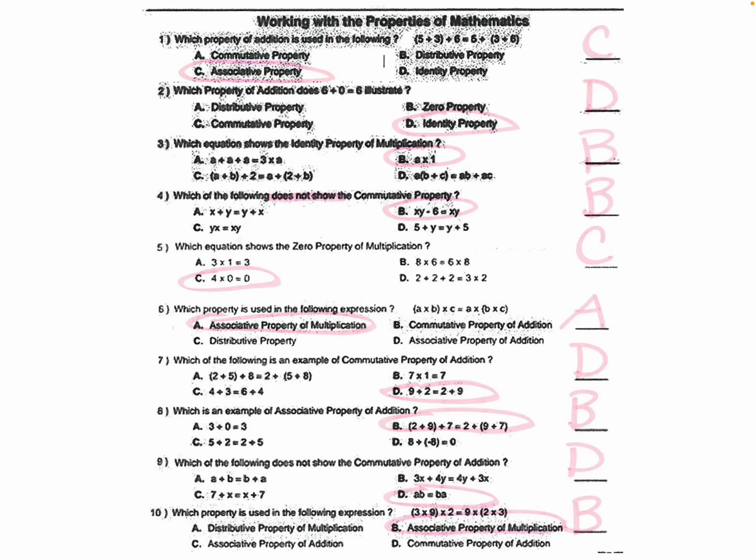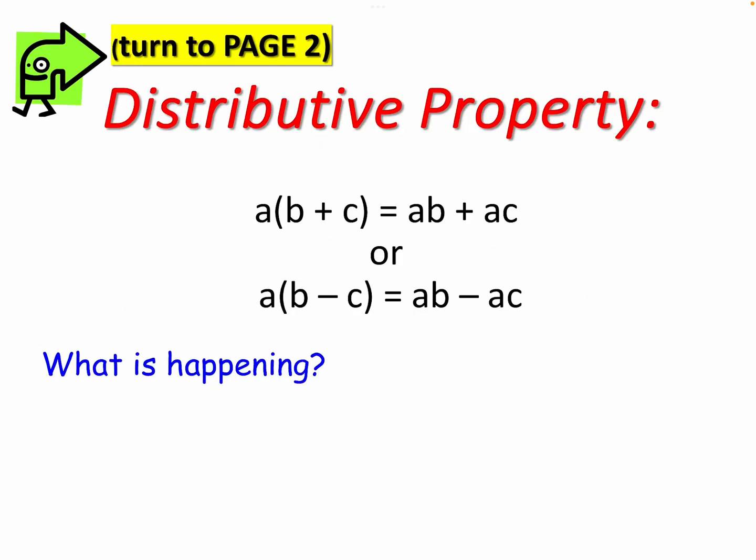And again, that is assignment number 37. Once you have that all checked, again, make sure it says 37, put that in your binder and take out your packet. And we will be starting on page 2 on the next slide.